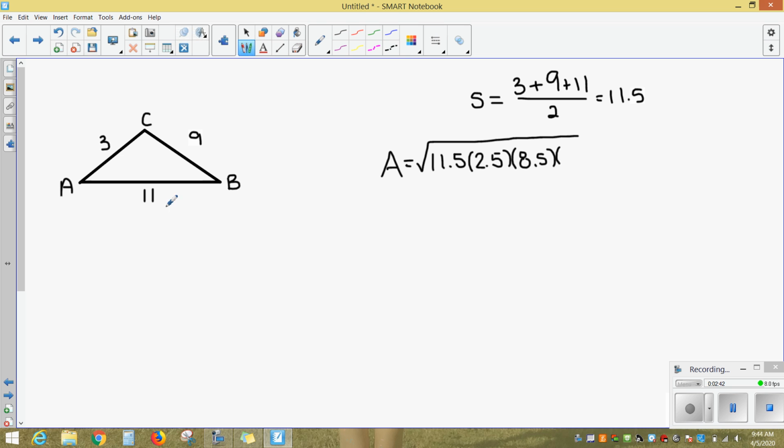And S minus C: 11.5 minus 11 is 0.5. If we multiply all those numbers together and take the square root, I didn't write down what the product is underneath there, but to 2 decimal places we get 11.05. The area of that triangle is 11.05 square units.